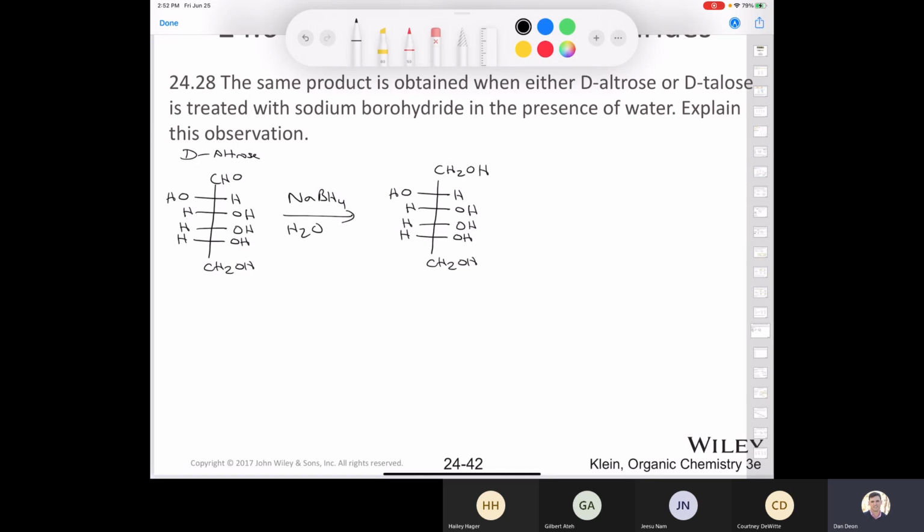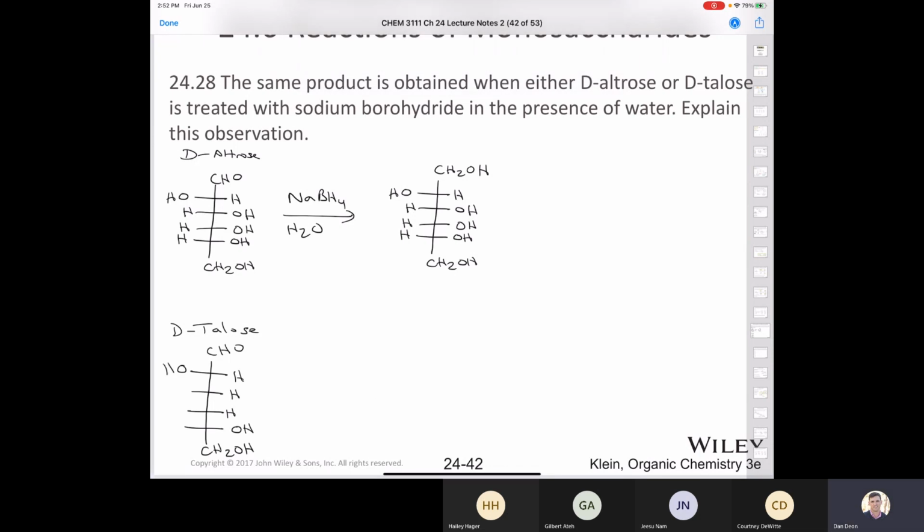Now we're going to draw the structure of D-talose. So that looks like this. Here we go. Okay, in my D-talose, I have a hydroxyl here. Boy, solving these problems is not nearly as bad as having to draw all these carbohydrates. So again, we do the same thing.